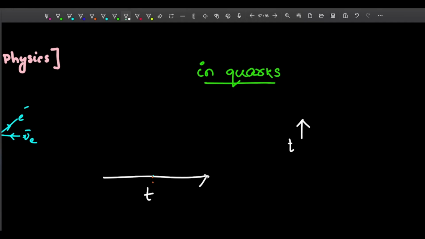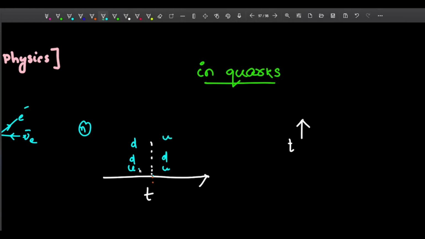Taking time along your horizontal axis, you have to visualize the interaction line, and then the incoming particle is your neutron. What's the quark content for neutron? That's U, D and D. And what's the quark content for your proton? That's U, D and U.